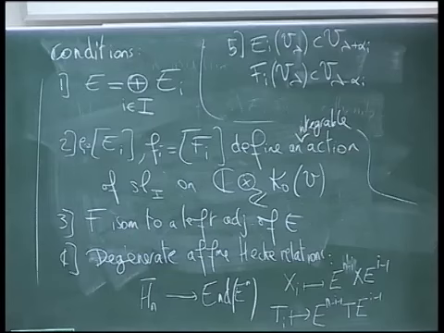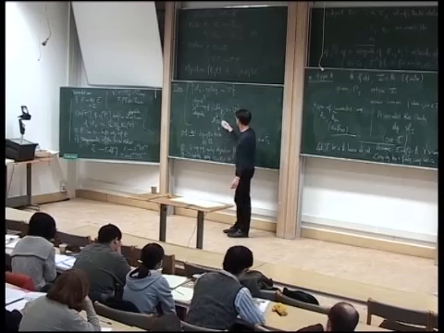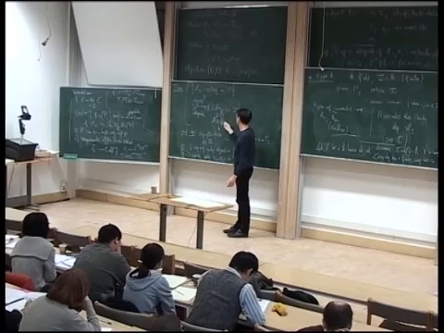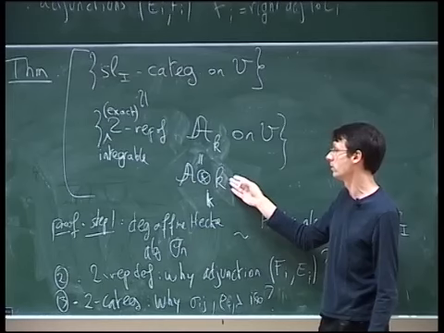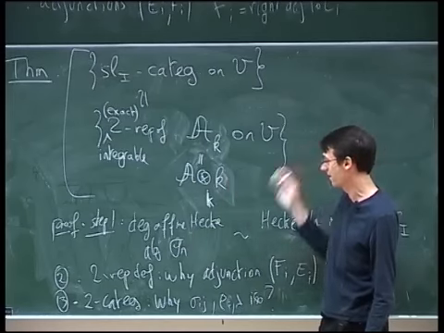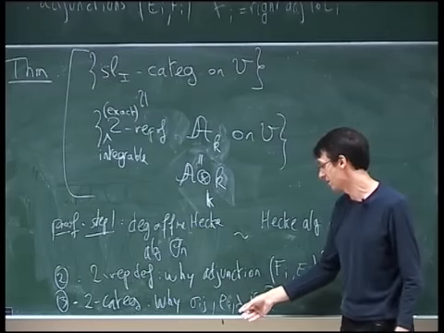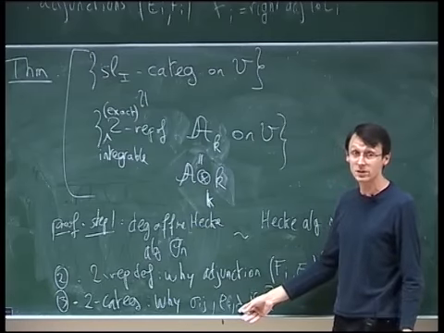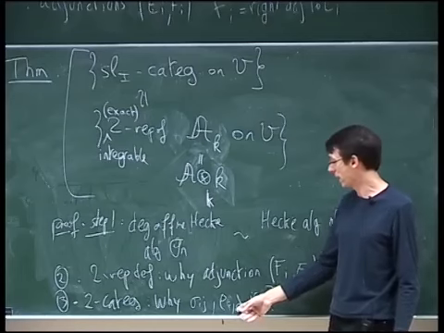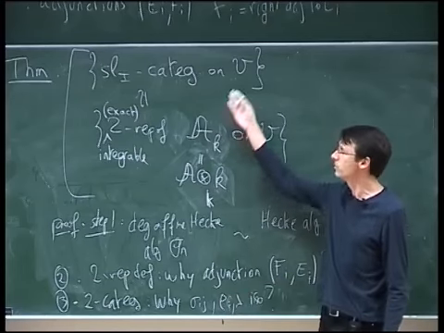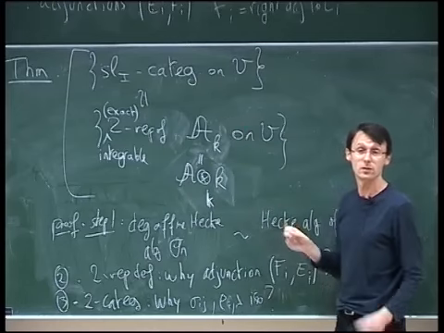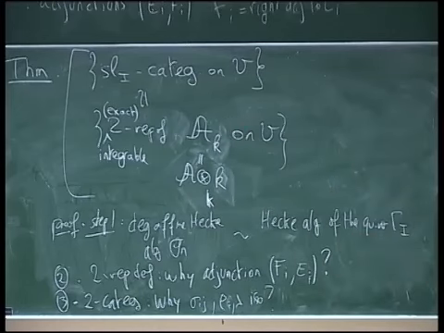Okay, so this theorem somehow says that you can't really construct examples. With this definition, it's very difficult to construct examples, to check invertibility of these maps. The only way to check it on an example is to prove such a general theorem. If you're given an example, it's just too hard to check invertibility.